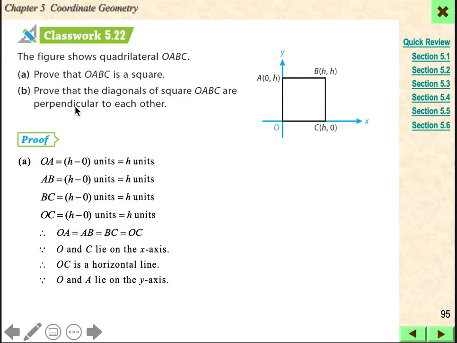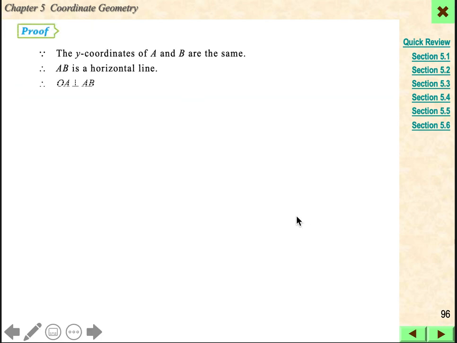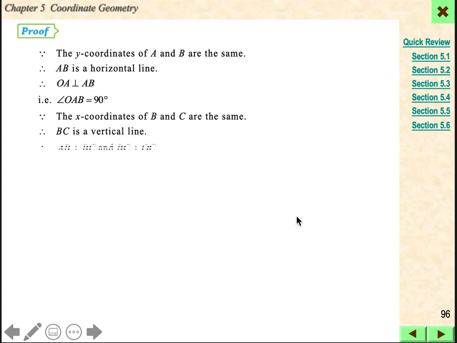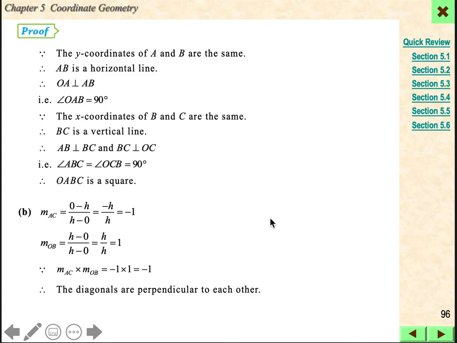Once you can see perpendicular, that means you have to find out whether the slopes multiplied give you -1. That's it.